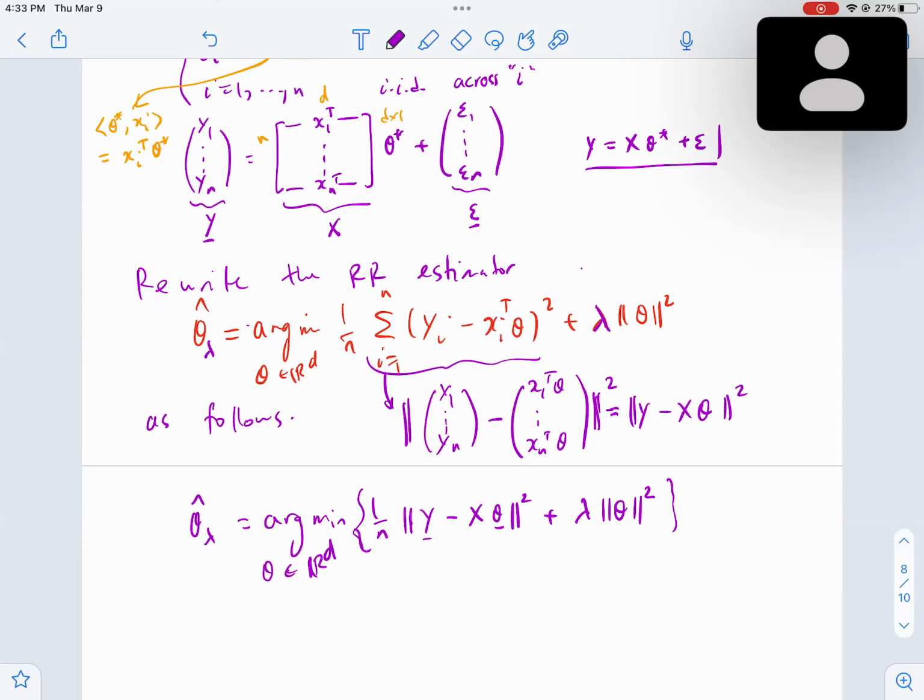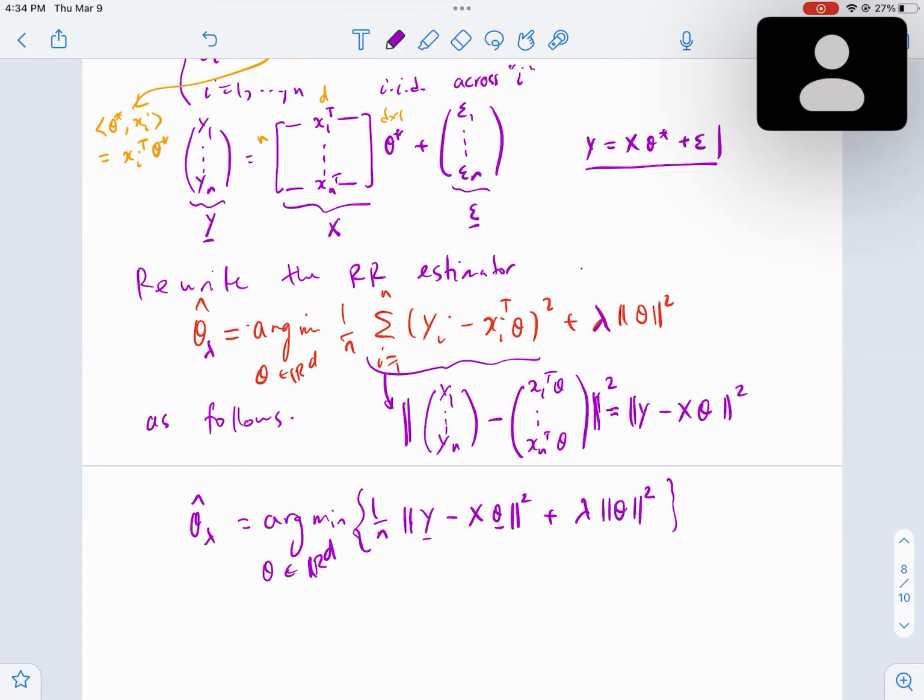And if you're in this course, you have probably solved this by gradient descent, or gradient descent with momentum. But this has a closed form solution as well. So here we're going to do the closed form solution, and we actually calculate the MSE, the error, so that we can see what the regularization is doing. So is this clear?